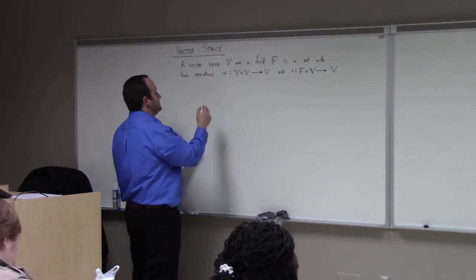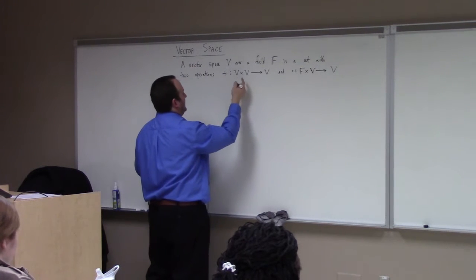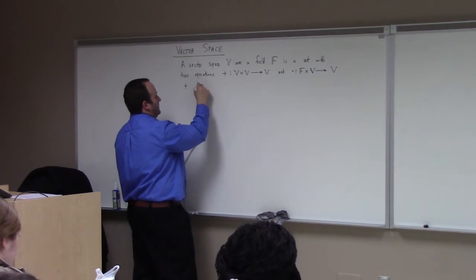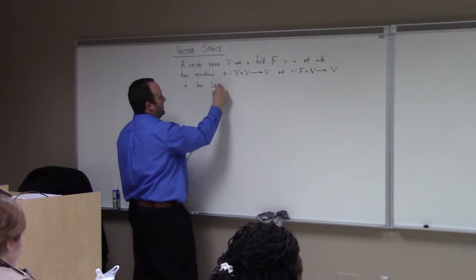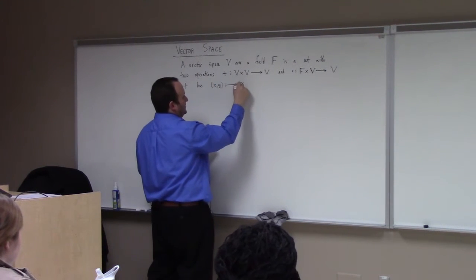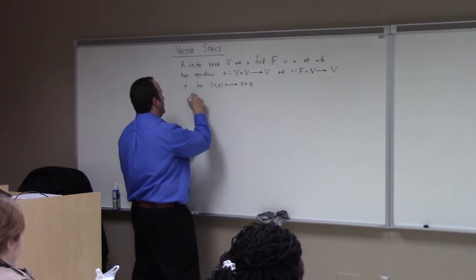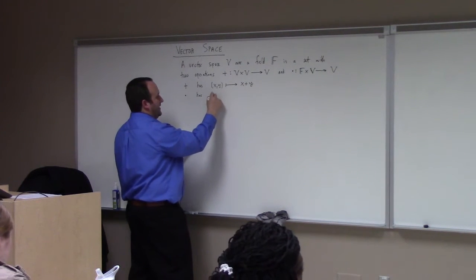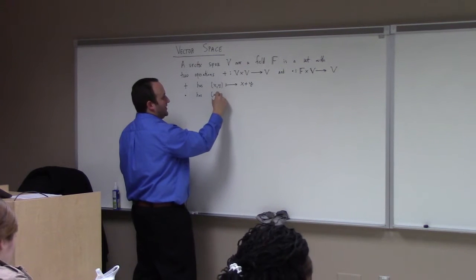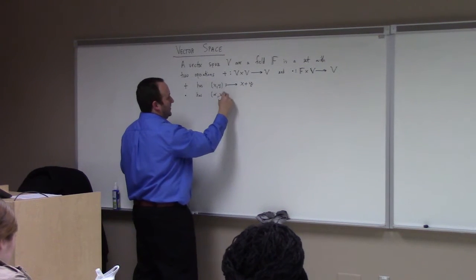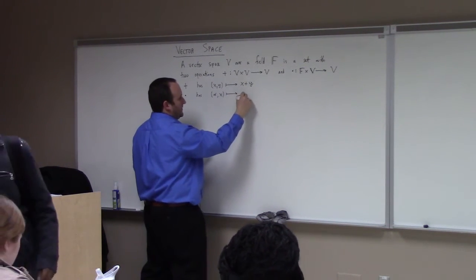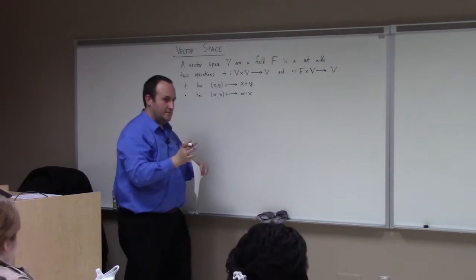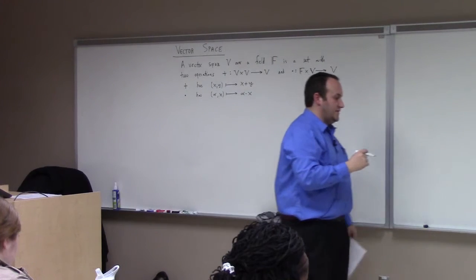So typically, there's not much to say here. Plus, what does it do? Plus has x comma y mapping to x plus y, all right? Whereas the scalar multiplication has something like alpha comma x mapping to what we'll denote as alpha dot x. Now I'm doing alpha dot x as a temporary notation.